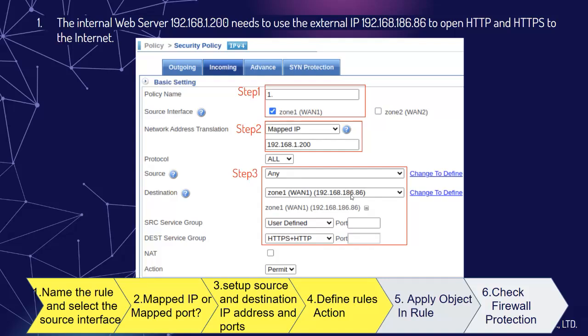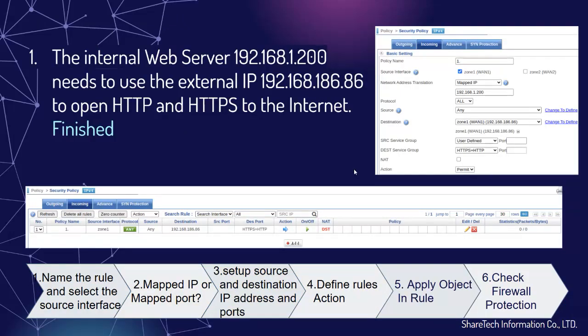The destination ports group can be selected from the drop-down menu, or the required port can be set in the object service to a group. I choose the HTTP plus HTTPS service group I created. Step 4, permit the packets to pass.